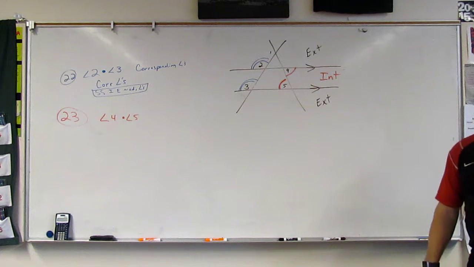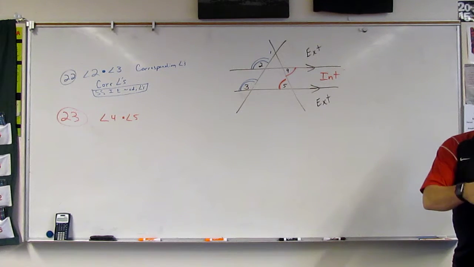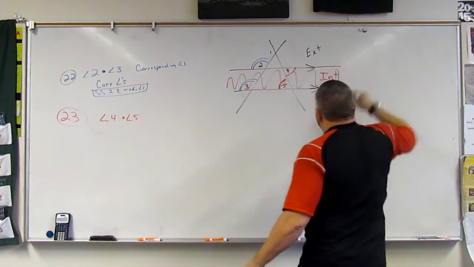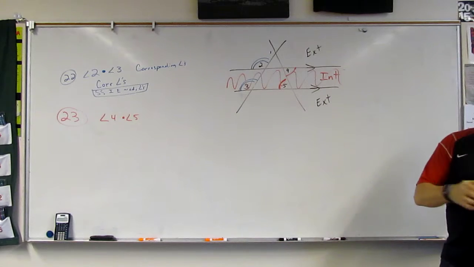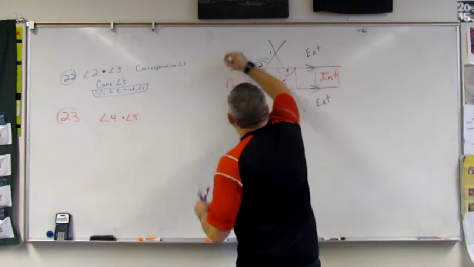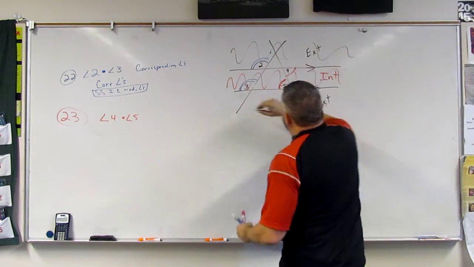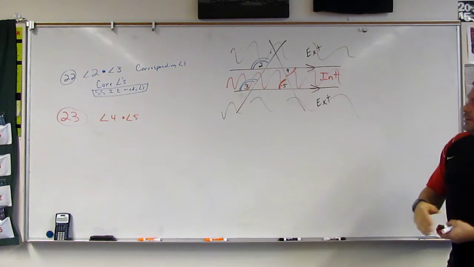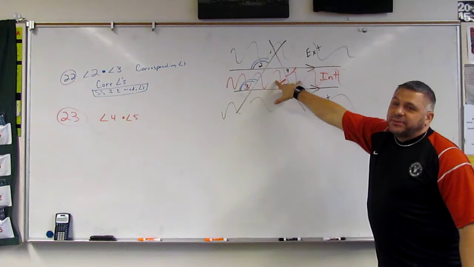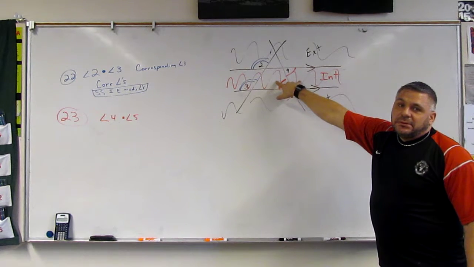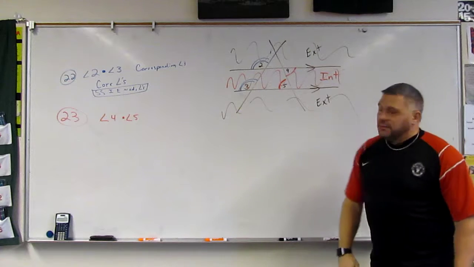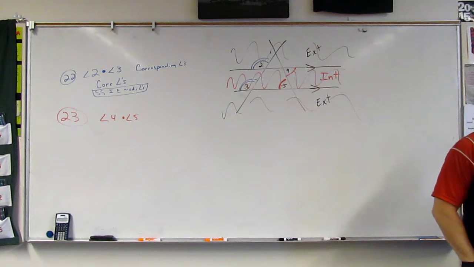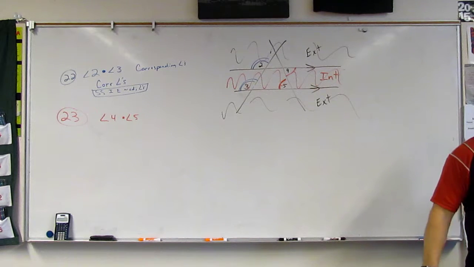They're both interior. They're both in the red. Remember, the red. Okay? The brown. They're both inside this red. So they're both interior. Do they alternate around a transversal? Or are they on the same side?